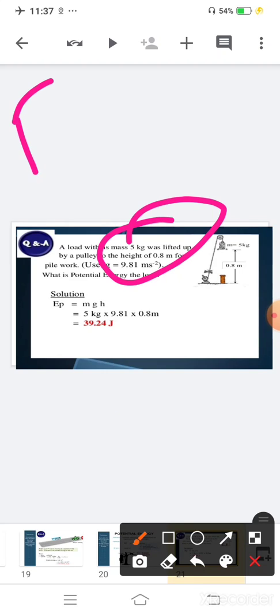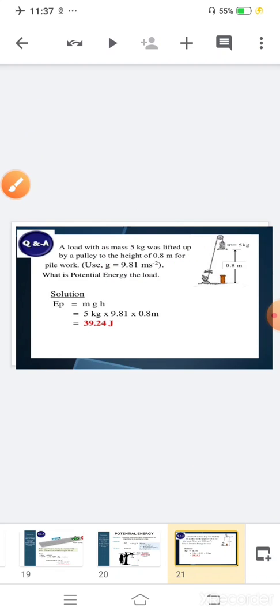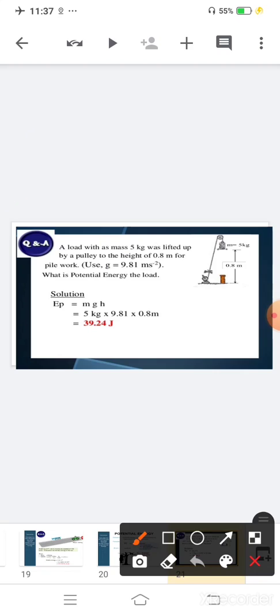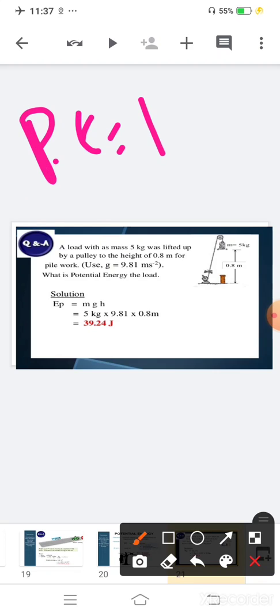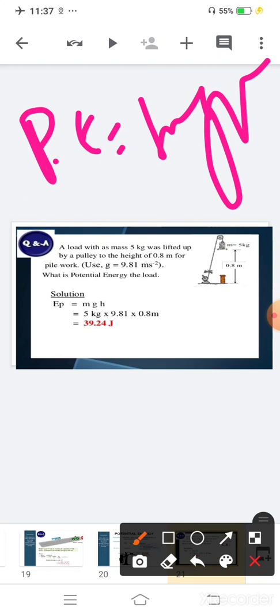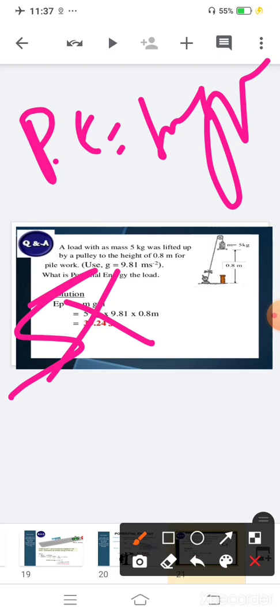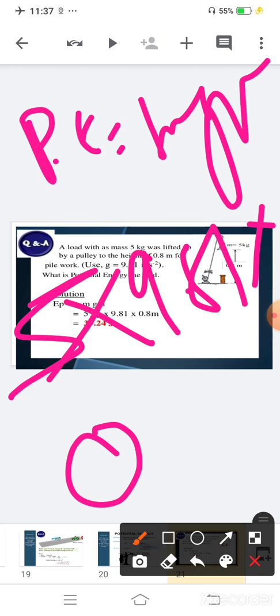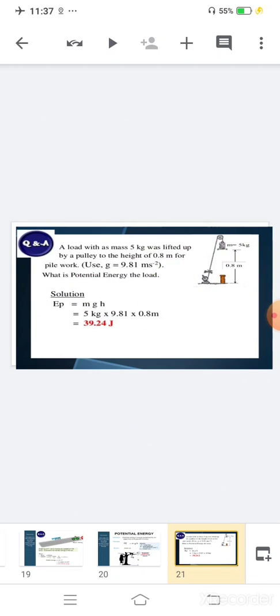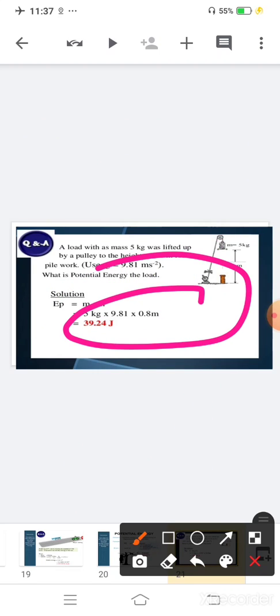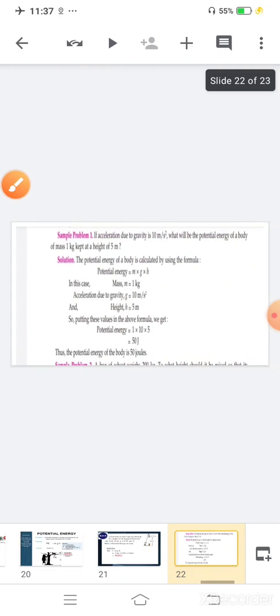You have to find out the potential energy. So your PE is equal to mgh. The value of m is 5. The value of g is 9.81. The value of h is 0.8. So the answer will be 39.24 joule. Is this clear?